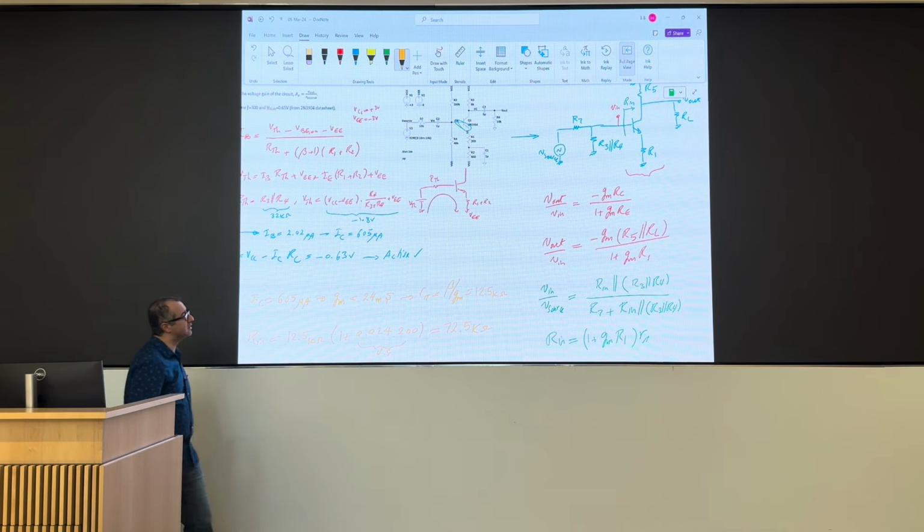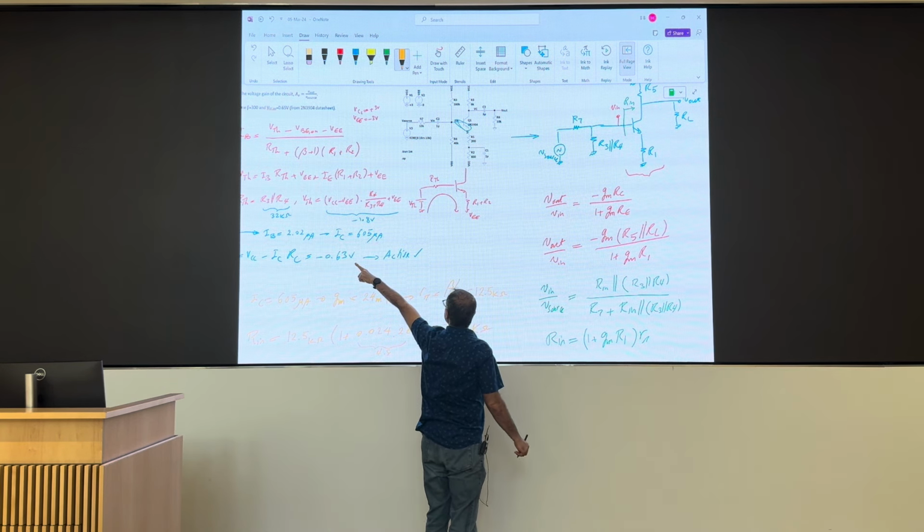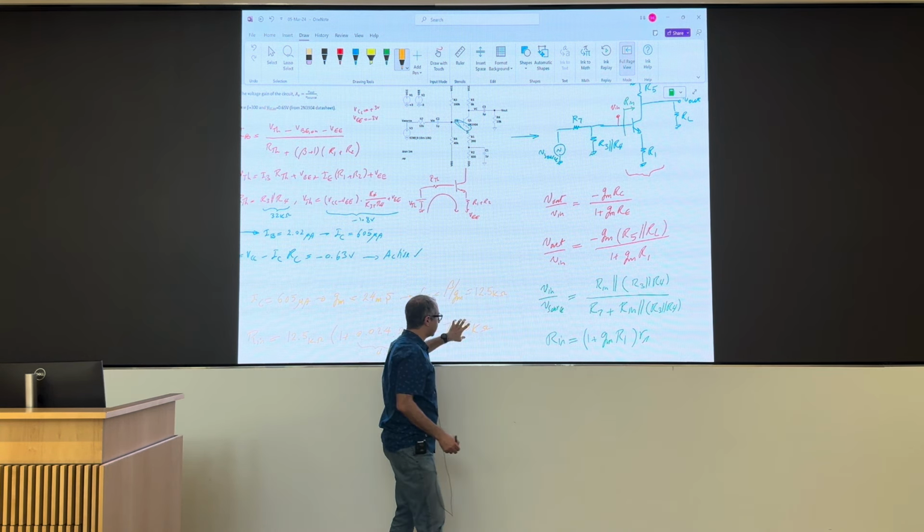Looking into the base, what do I have before it? R3 in parallel with R4, that is 32K. That is in parallel with 72.5K.